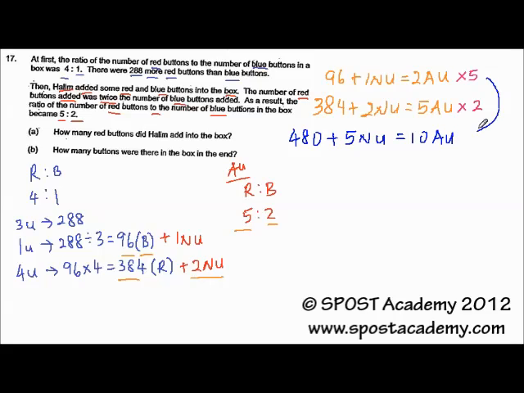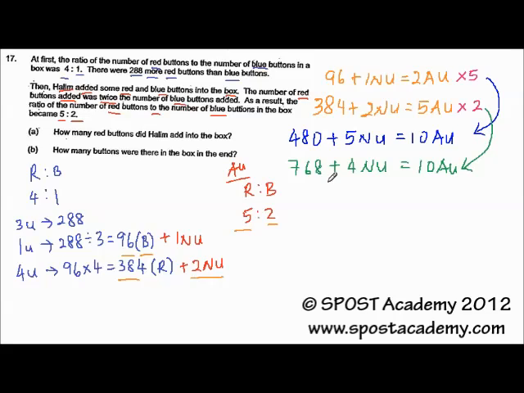We got this from here. 384 times 2 will give us 768 plus 4 new units is equal to 10 after units, and this is obtained from this after we multiplied it by 2.